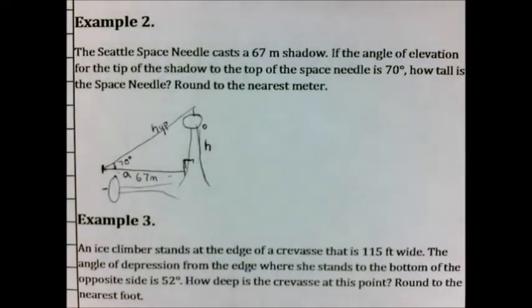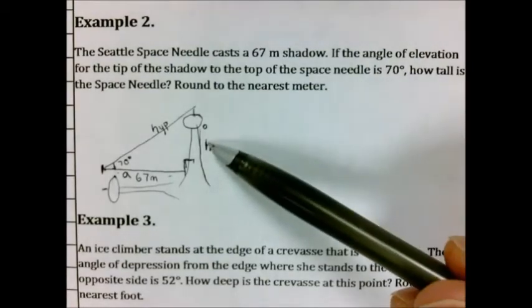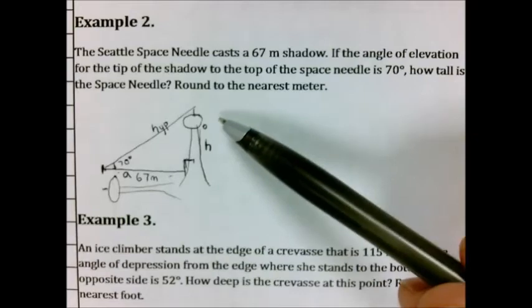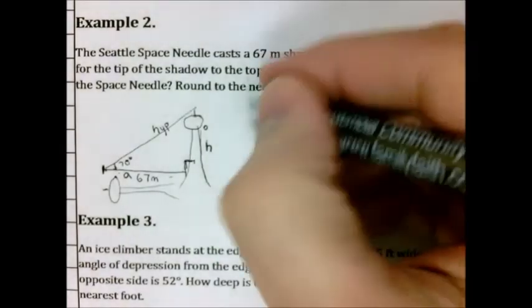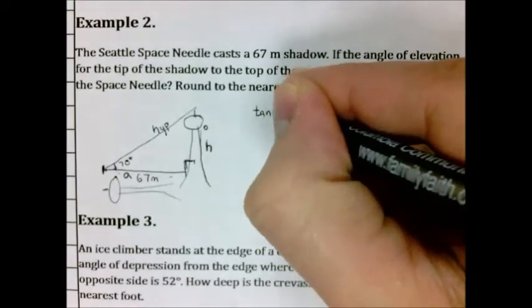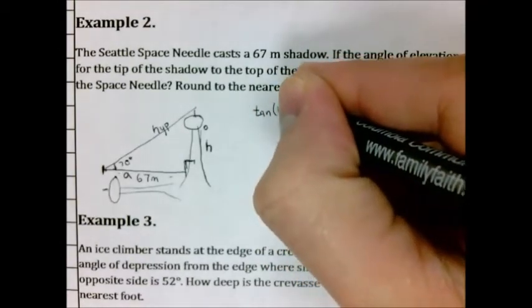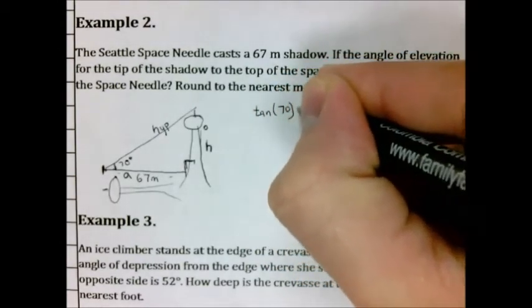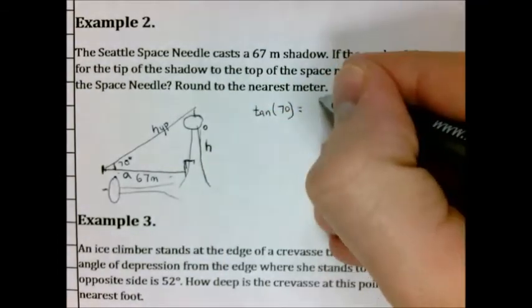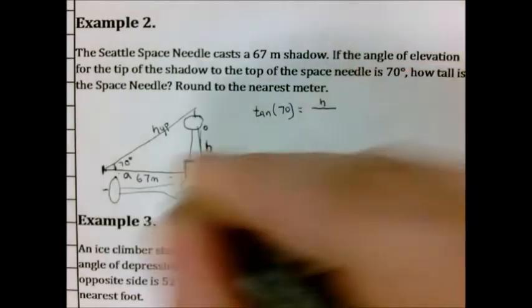Okay, so we can see we're trying to find H, and we know the shadow, the 67 meters. So we have opposite and adjacent, and we know that the tangent is the one that will help us with opposite and adjacent. So the tangent of 70 degrees is going to be equal to our opposite, which is H, over our adjacent, which is 67.